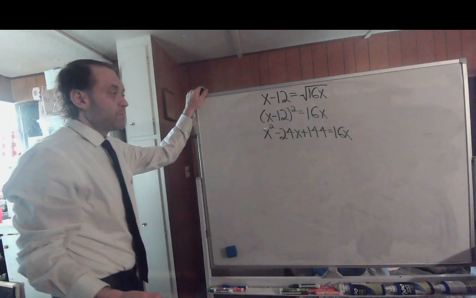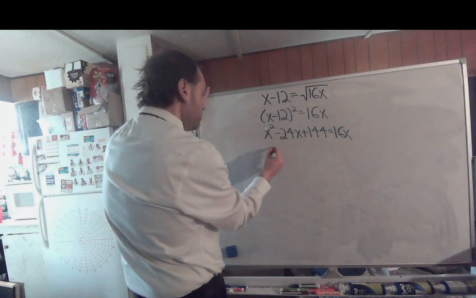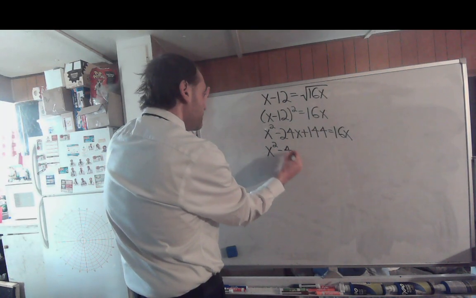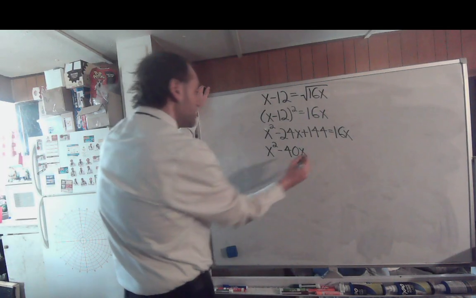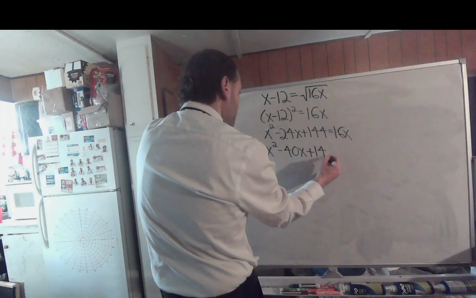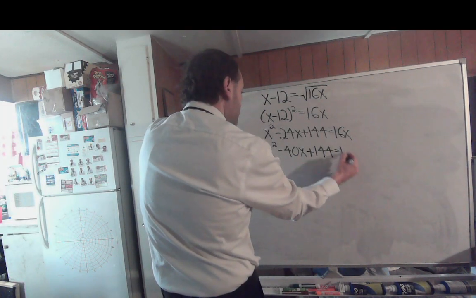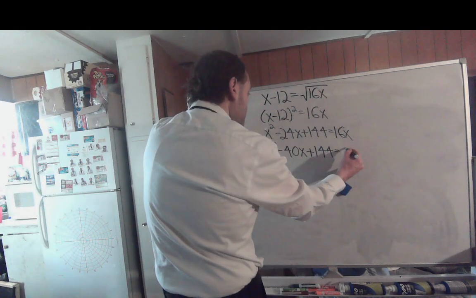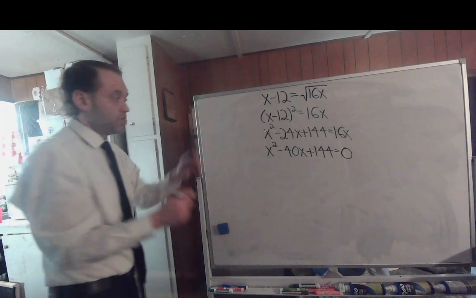Okay, now let's simplify this more. You'd end up getting x squared minus 40x plus 144 would equal 0. So we have a resulting quadratic equation.